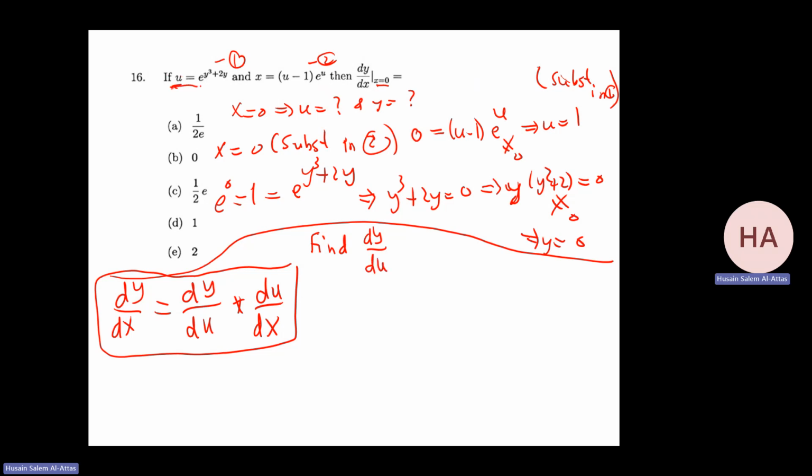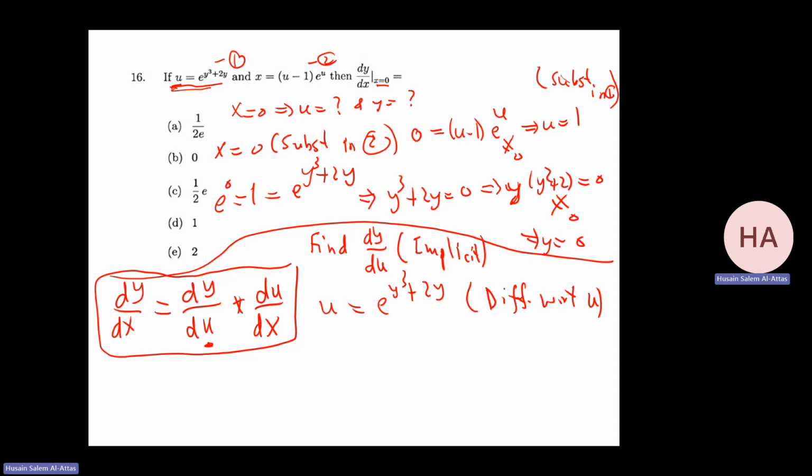I have this. So I have u as a function of y. So I need the implicit. Now differentiate with respect to y. Let's have u equal this. Let me write it. Here, differentiate with respect to u, because I need to find dy in terms of du.